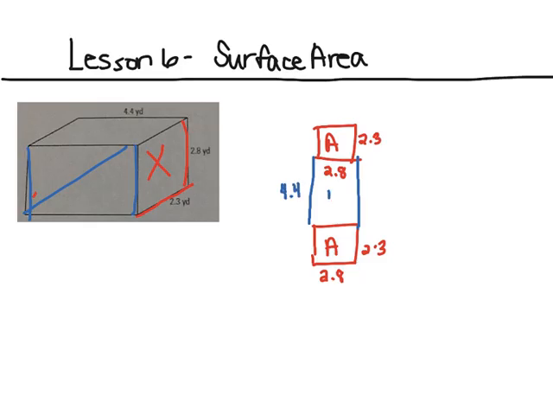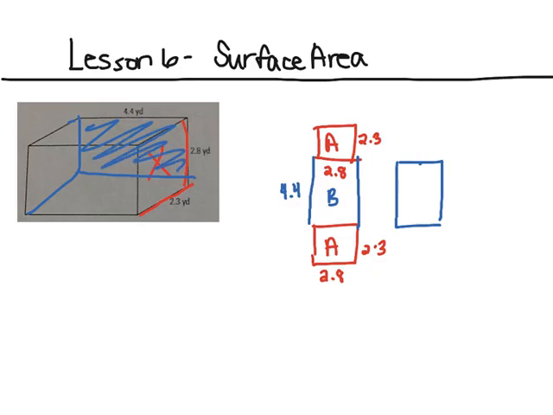So we're going to call this shape B. We've got one right here. We also have one on the back, the exact same shape. If we were to imagine this three-dimensional, it would be this shape right here. So both of those are going to be shape B.